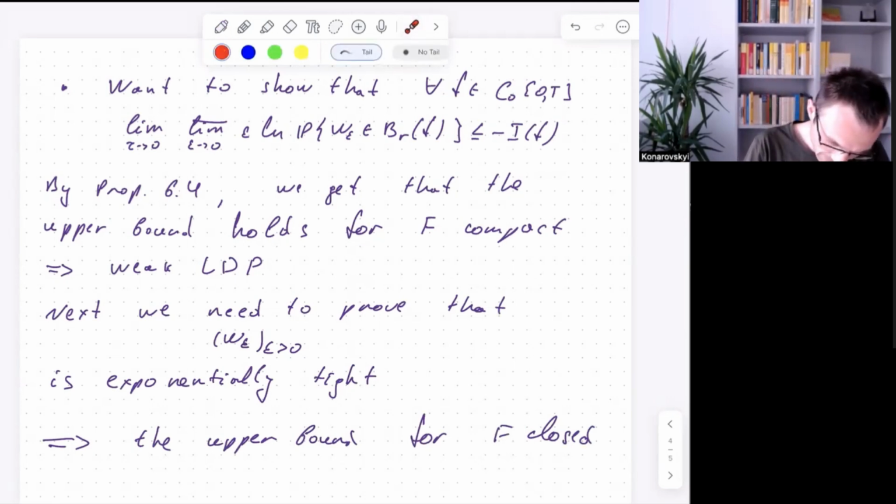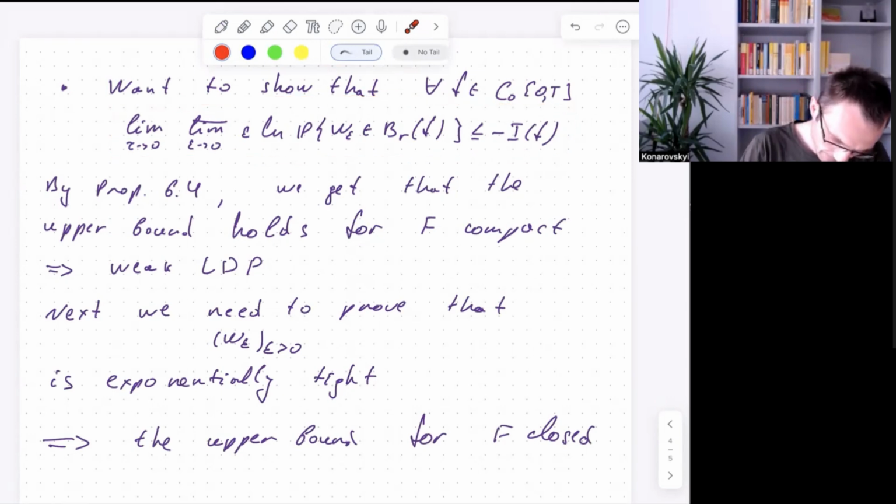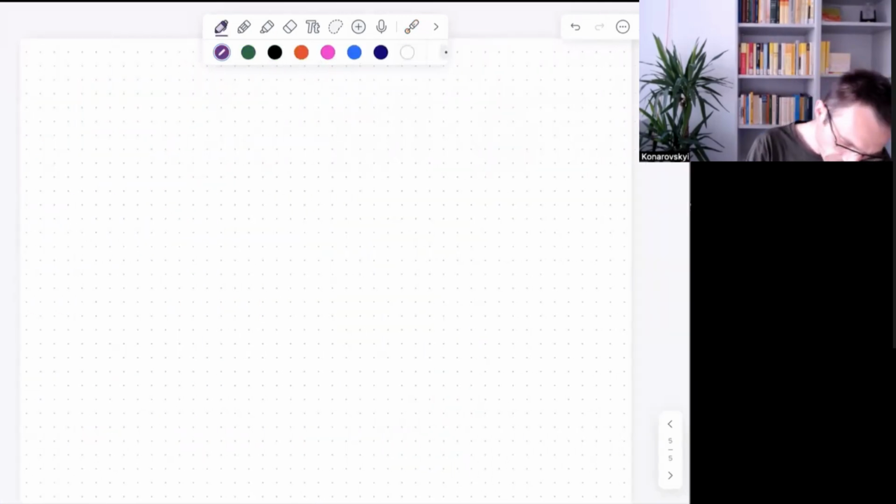Now, about the previous time. The previous time we finished discussing this inequality at the following stage.